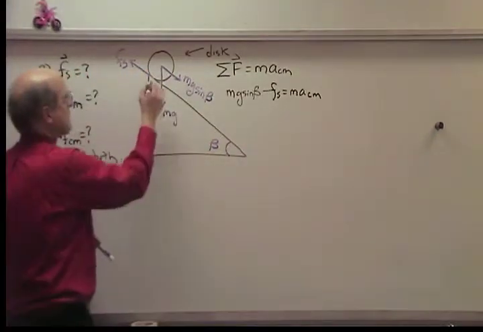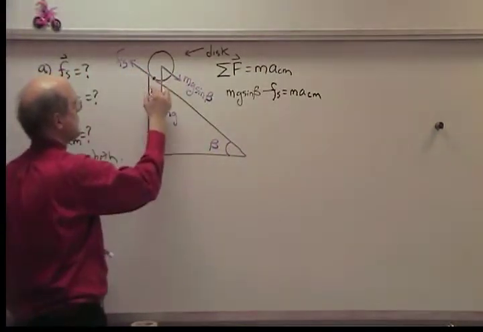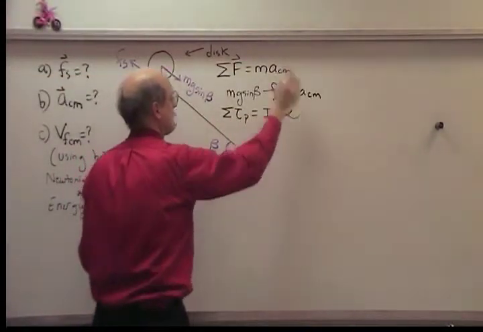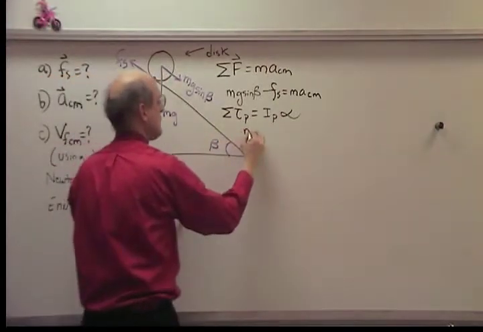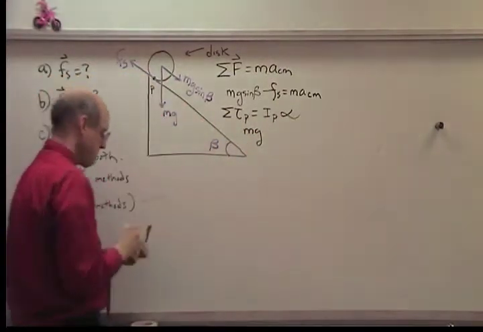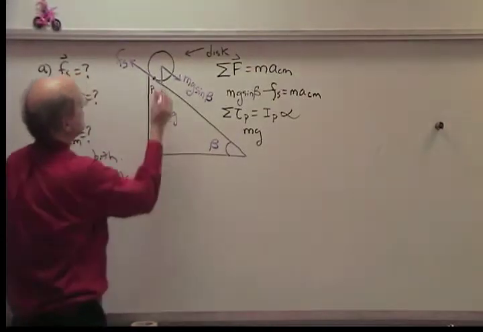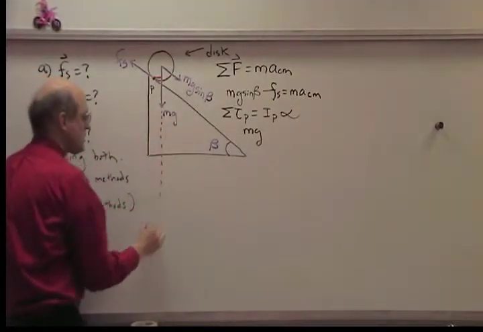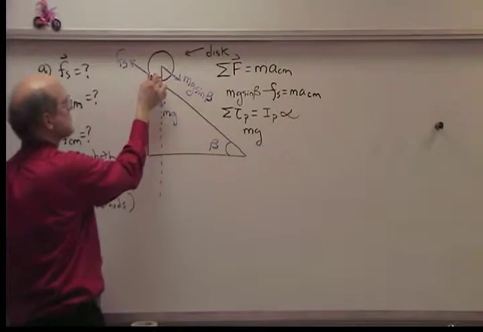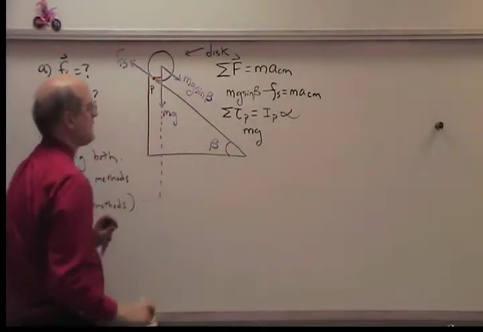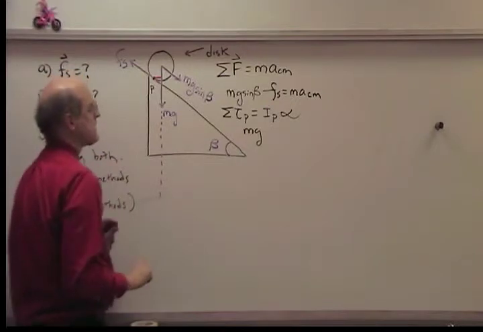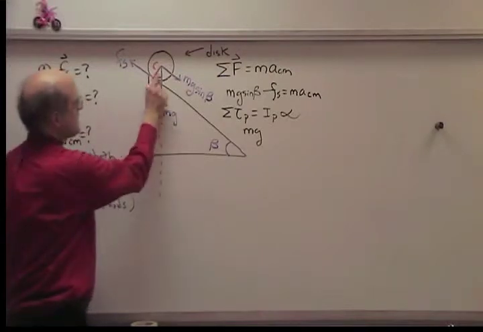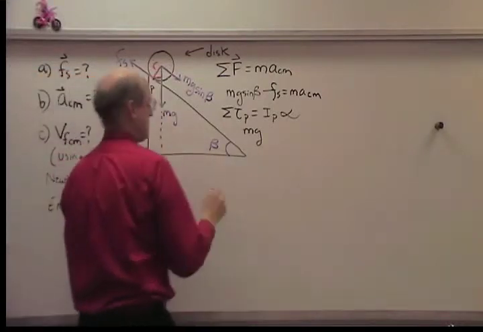Next, I'm going to take a look at the summation of the torques about point P. So we have mg exerting a torque about point P. The lever arm would be the perpendicular distance between the line of action of the mg force and the axis of rotation at P. And that lever arm turns out to be equal to the radius of the circle, r, times the sine of the angle here, which is beta.